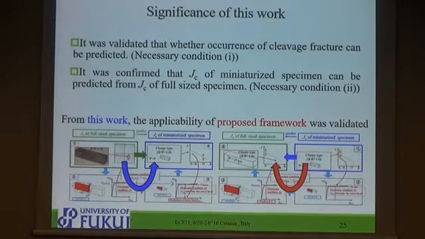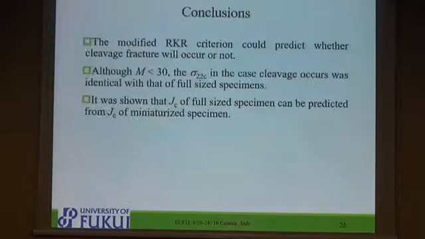And when cleavage fracture occurred, the fact that JC of the miniaturized specimen can be predicted from JC of the full-sized specimen was confirmed. Therefore, the applicability of the proposed framework was validated. And these are the conclusions of my presentation.